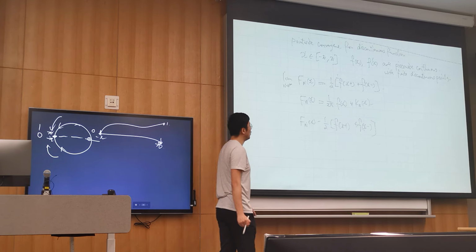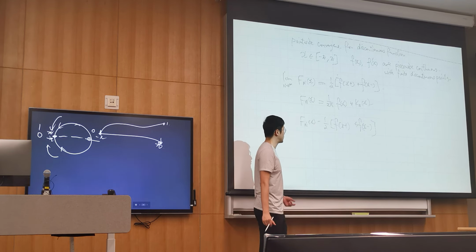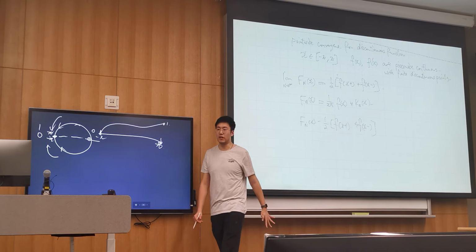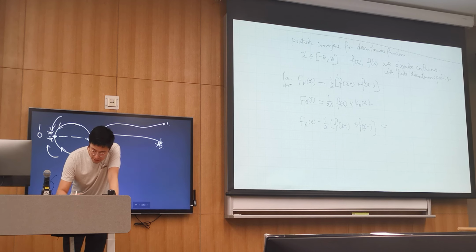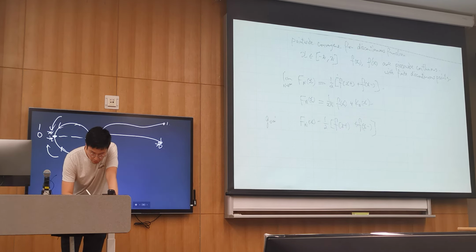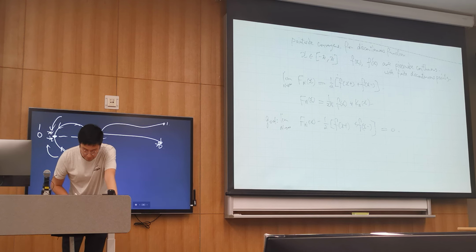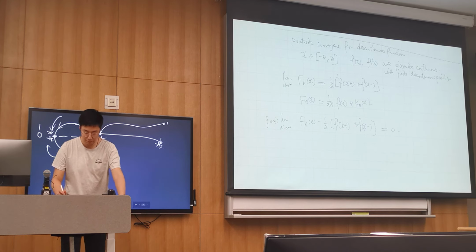Well, we'll be using a very similar way for us to express the fx plus and fx minus. First of all, don't forget our goal is to show that the limit as n goes to infinity of this guy goes to 0. This is our goal.